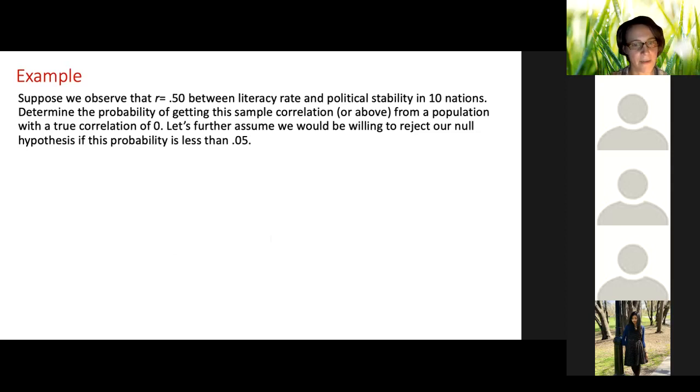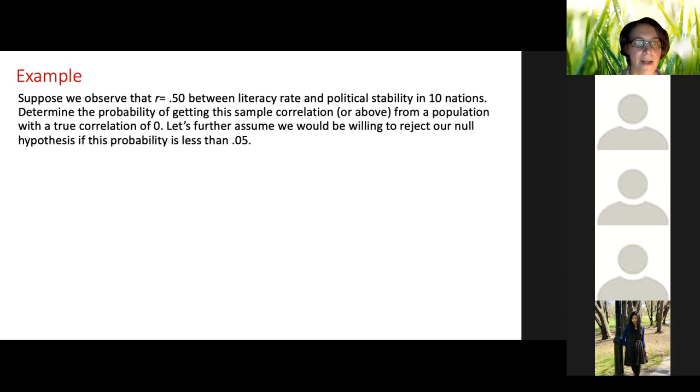So for each nation, we have one value on literacy rate and one value on political stability. So I have a sample size of 10 here. I'm always trying to make these cross references to make clear that we're not talking about animals or humans or participants, so observation units can be everything. That's just why I was pointing that out.